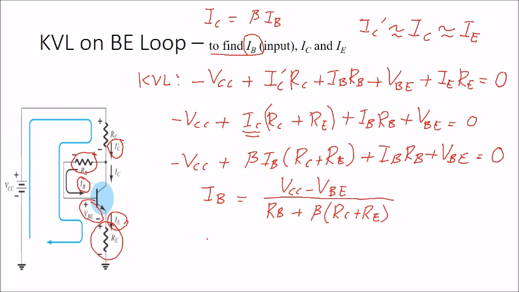To find the value of IC, you just use the equation beta IB. To find IE if necessary, you can use the equation (beta plus 1) IB, or you can just use the assumption from just now, which is IC almost equal to IE.